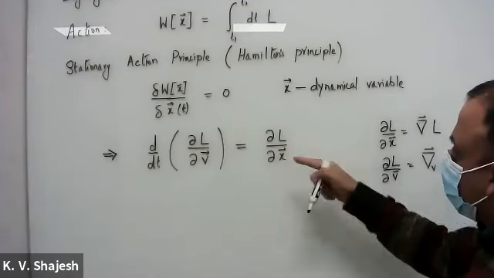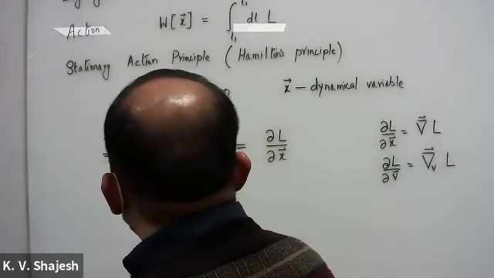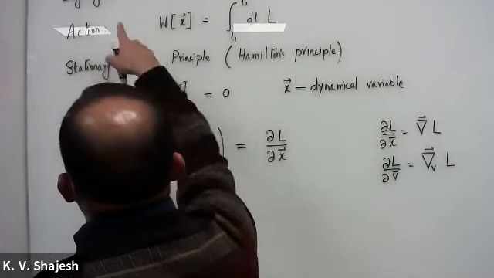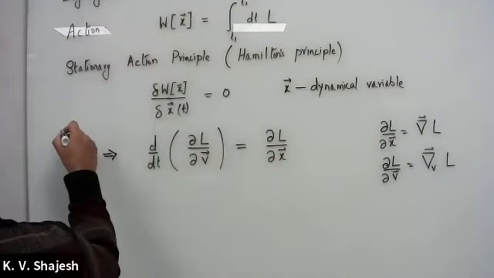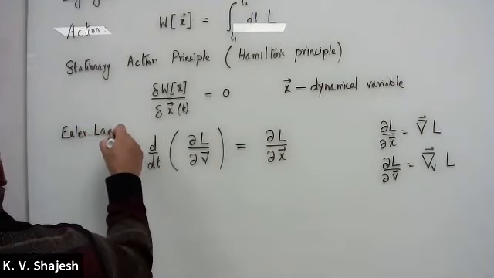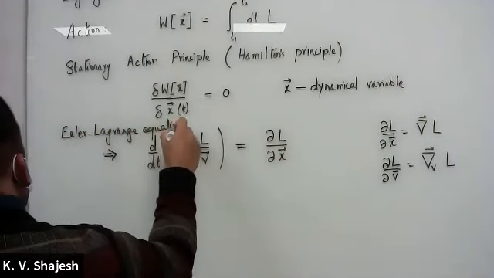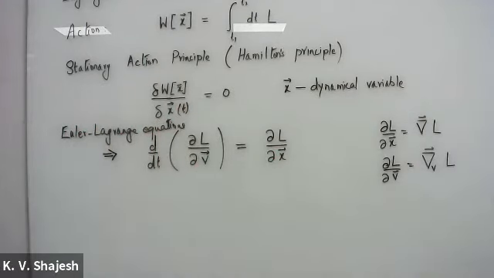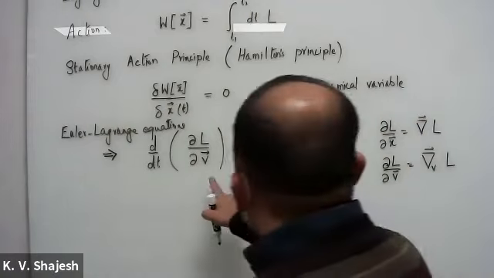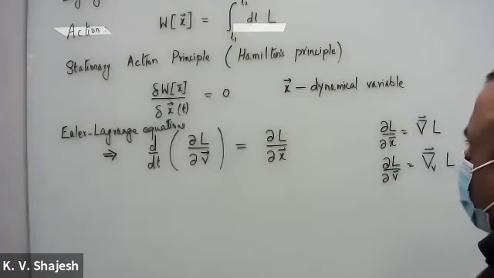And this is the normal gradient with respect to the position. This is often called the Euler-Lagrange equation. So actually, I should state that since we had the statements here. So these are the Euler-Lagrange equations.